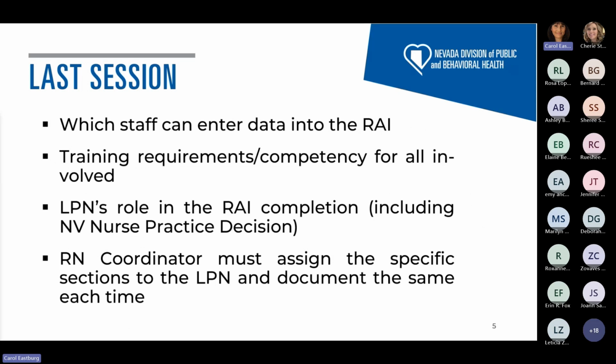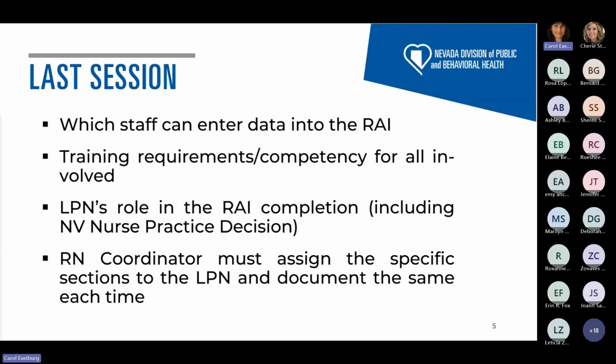So during our last session, I pointed out that it is acceptable to have different staff members enter data into the RAI once they're thoroughly trained and can demonstrate competency. For example, the business office or admissions office may fill in the residents' demographics in Section A. And we talked about the fact that LPNs may complete sections of the RAI once they have received the appropriate training and demonstrated competency to do so.